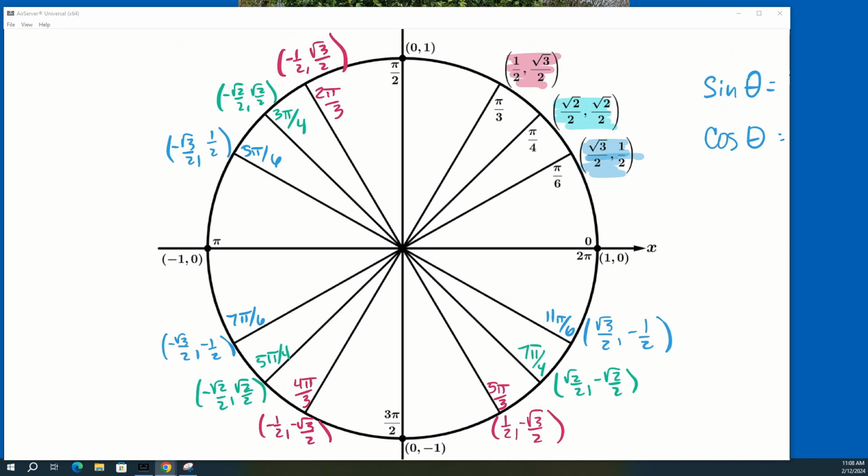Cameron, which unit circle do you want? Blank or the one with some of them on there?